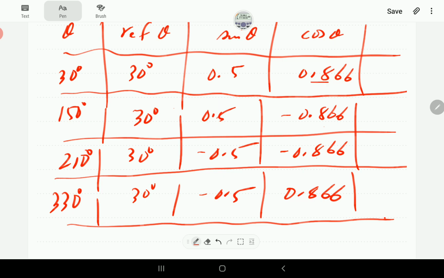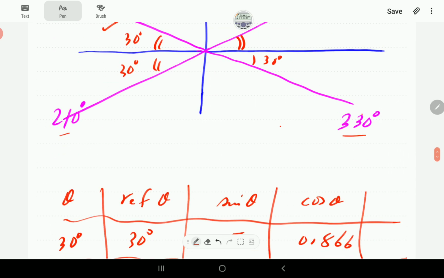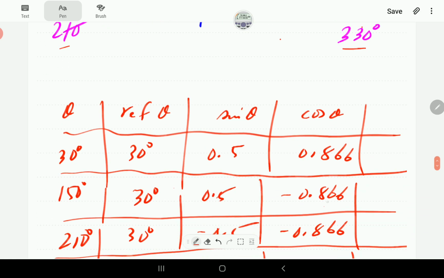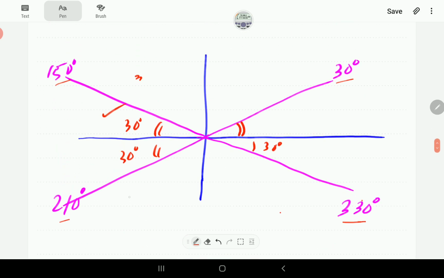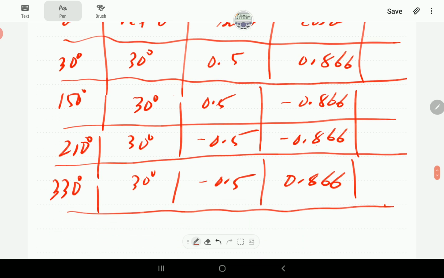And then we said cosine is positive in the first, negative in the second quadrant. So that's why cosine 150 is going to be negative 0.866. Cosine is also negative in the third quadrant, so that's why cosine 210 is going to be negative 0.866, but cosine is positive in the fourth quadrant, so that's why cosine 330 is positive.